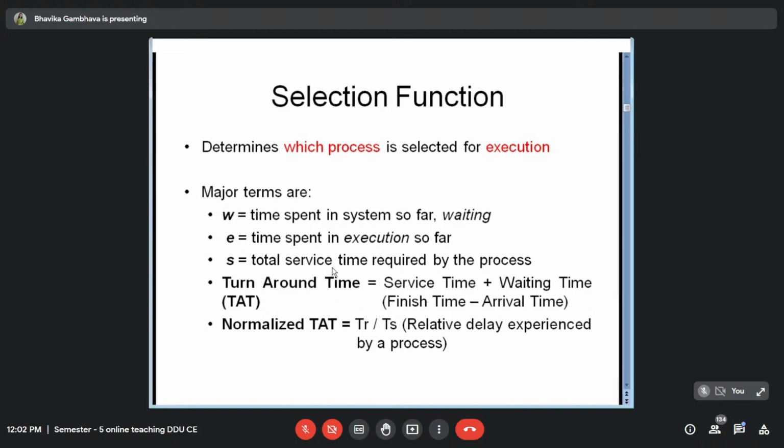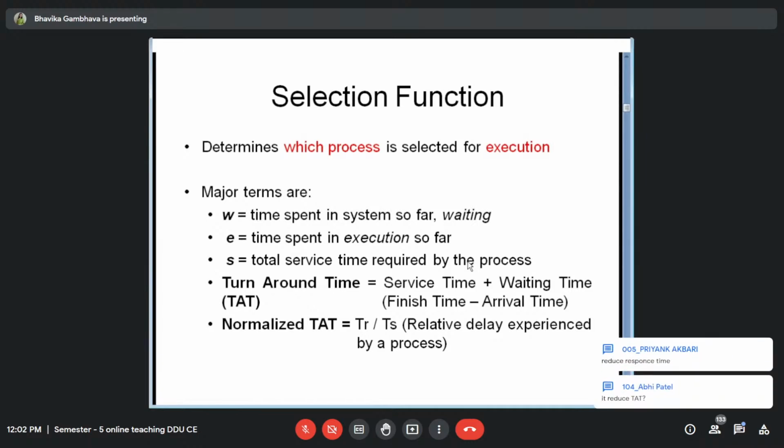Why do you think service time required by the process should be considered? It will improve which parameter for all other systems? If I'm considering total service time required by the process, then how will it help us improve the performance? See, one of them I think we can say, yes, it reduces response time. It reduces turnaround time for this.